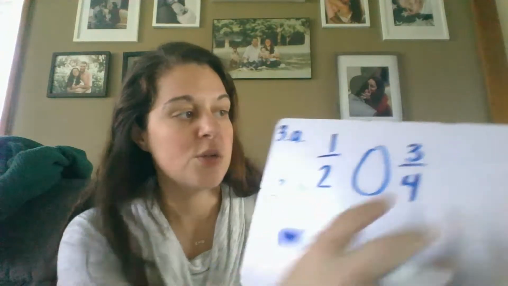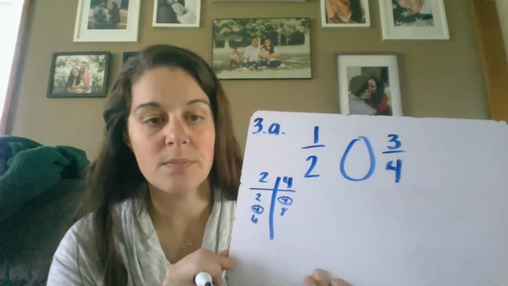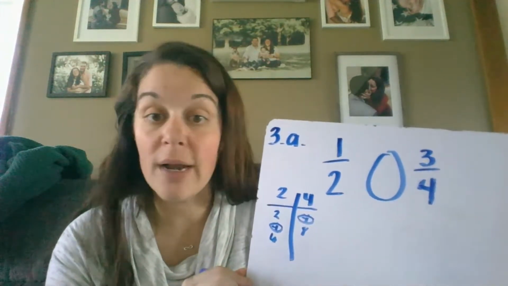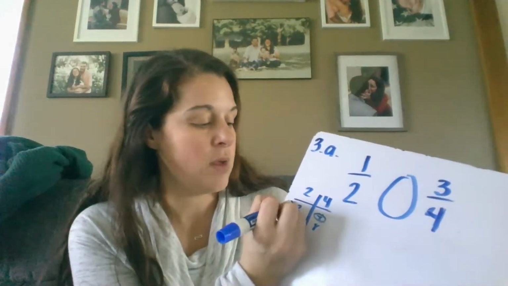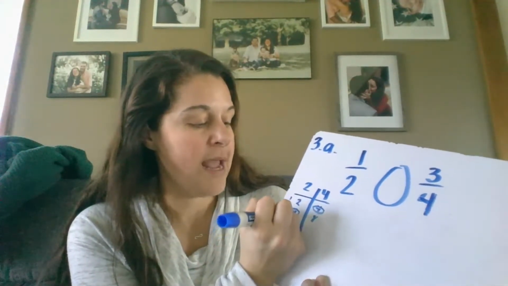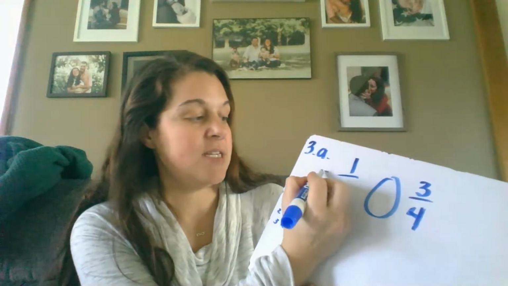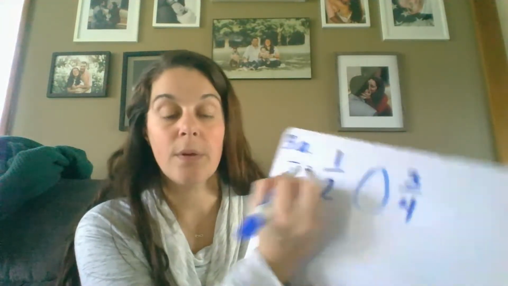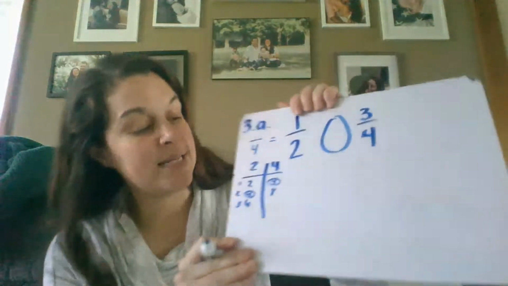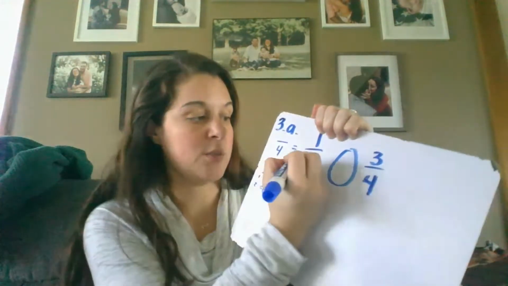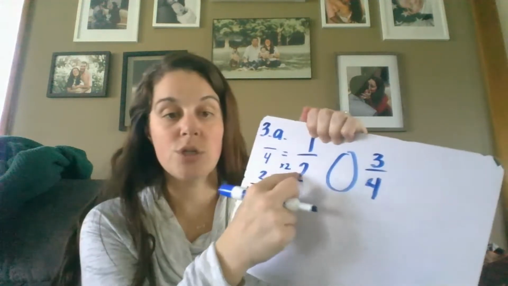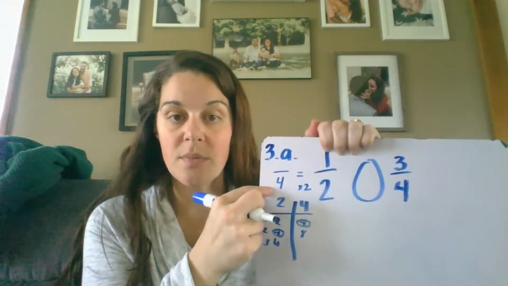Do I have to do anything to 3/4? Nope. It's already a 4. Do I have to do something to the 1/2? You bet your bottom dollar I do. I have to take 1/2 and make it into fourths. If I look at my T chart, what am I multiplying by? Multiplying by 2. 2 times 2 equals 4.